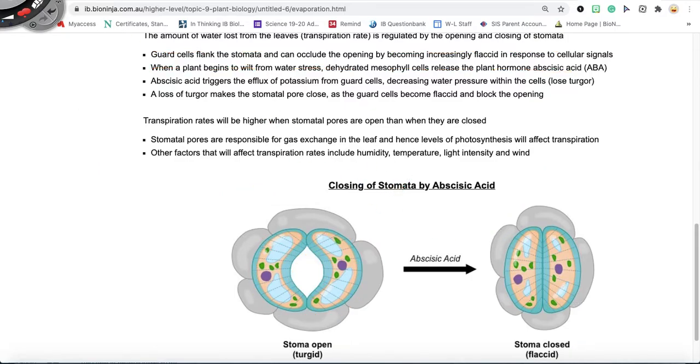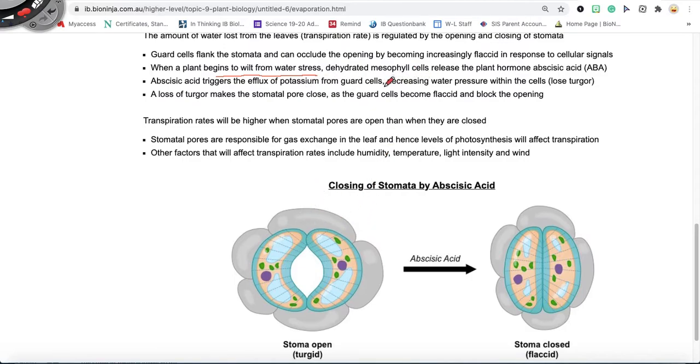So when a plant becomes dehydrated, or it starts to wilt from water stress, then the mesophyll cells of the guard cells, so this is a guard cell, so these guard cells are regulated by mesophyll cells.